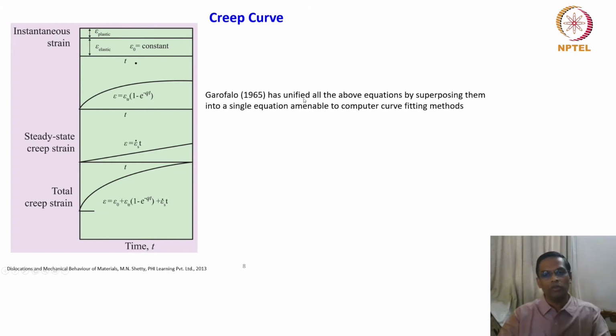This particular equation, proposed by Garofalo, unified all the above equations by superposing them into a single equation amenable to computer curve fitting methods. By putting this kind of equation, people are able to compare how many materials follow this kind of empirical equation during creep.